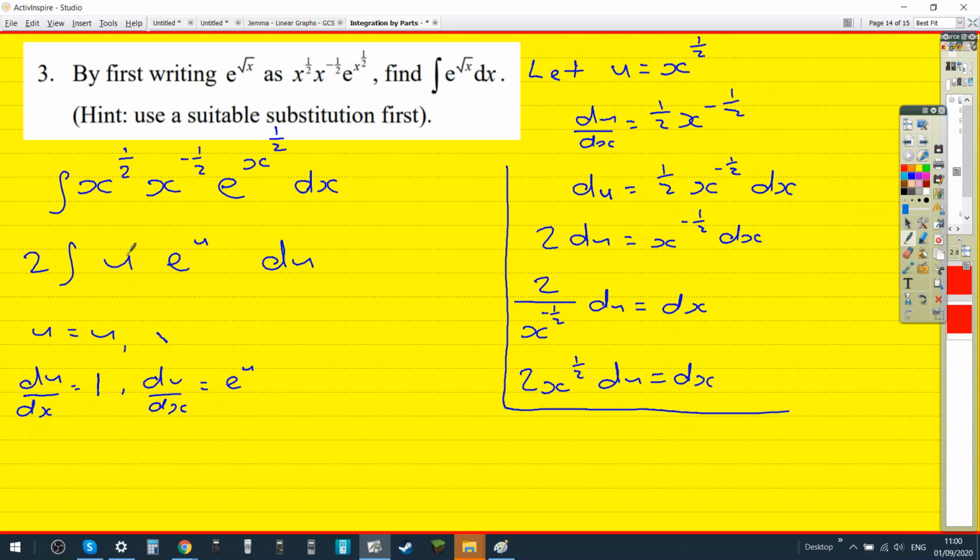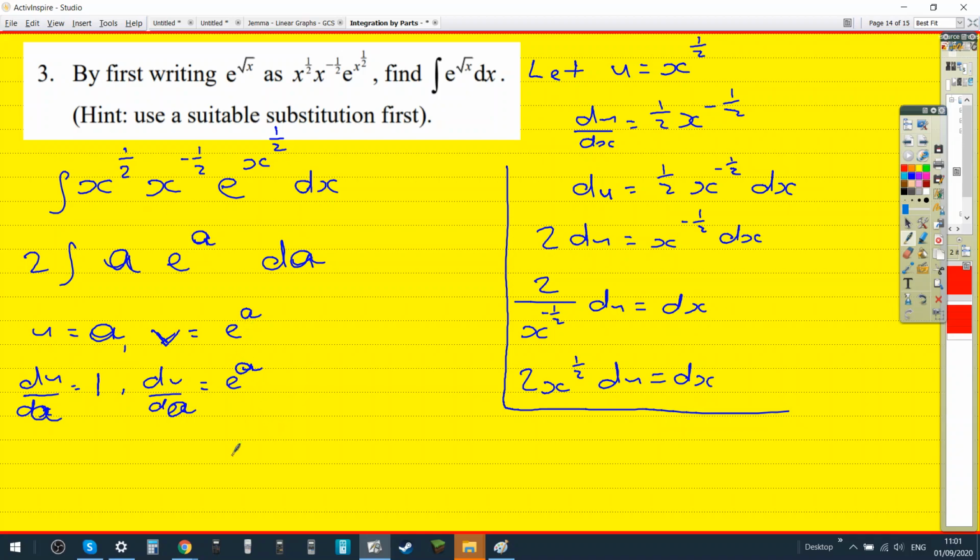I'm using a. It said use a substitution in the question. u is a. du dA is 1. dv dA is e to the a. Integral of that is e to the a, isn't it?